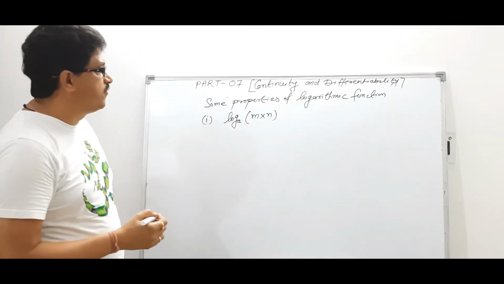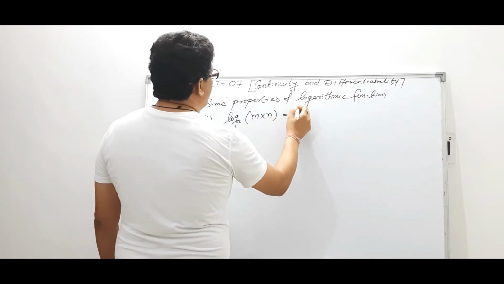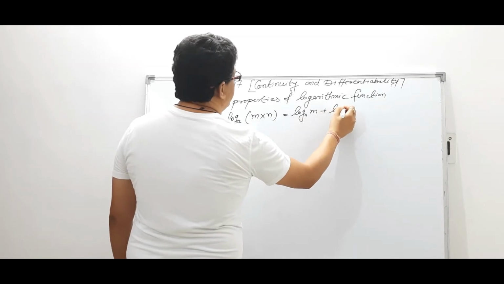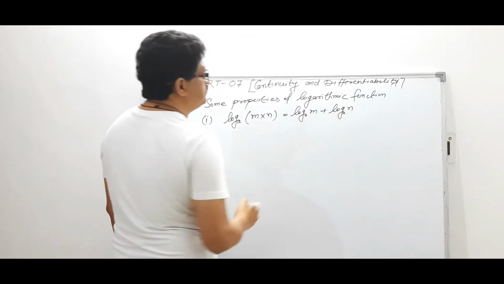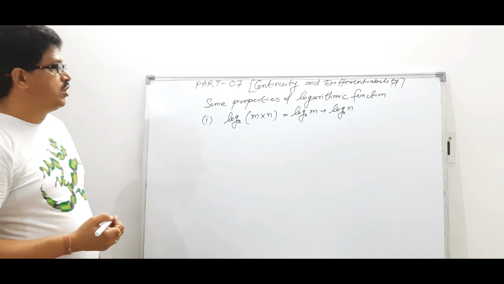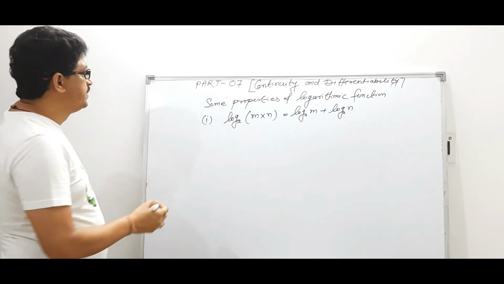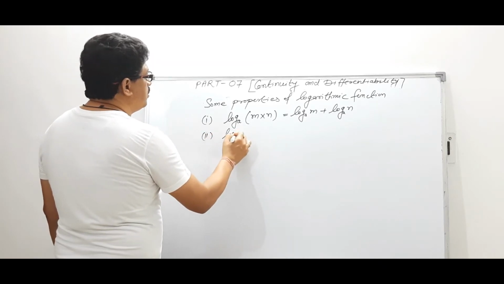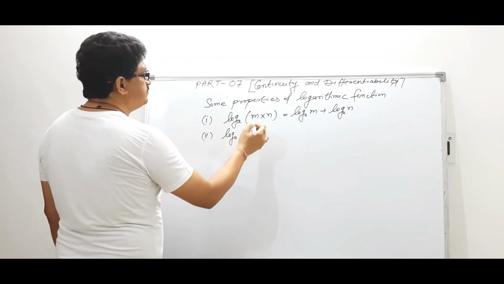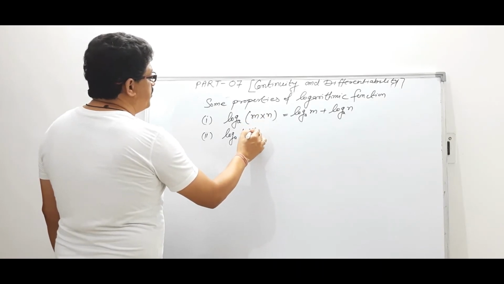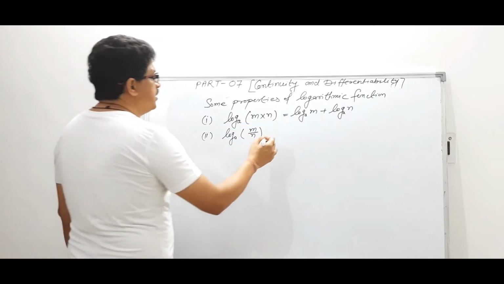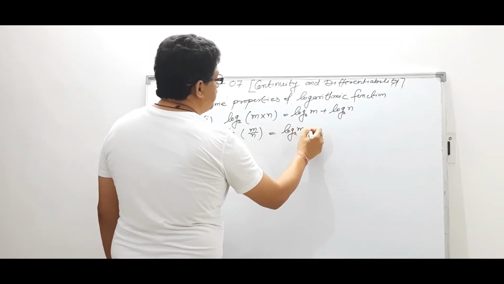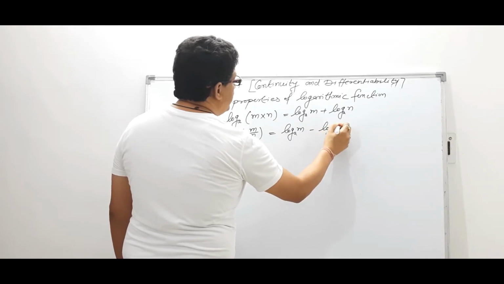In the multiplication form we can write log m plus log n to any base. Second, log base a of m upon n. In division it is converted to subtraction, log m minus log n to the base a.